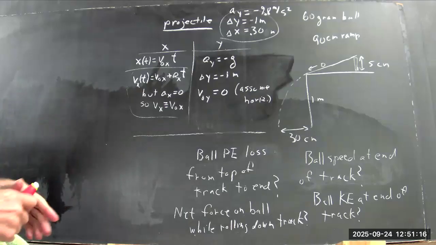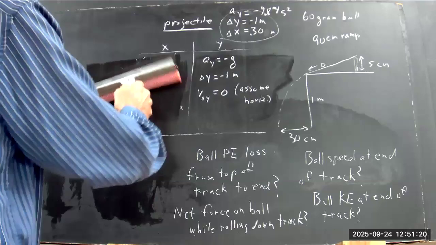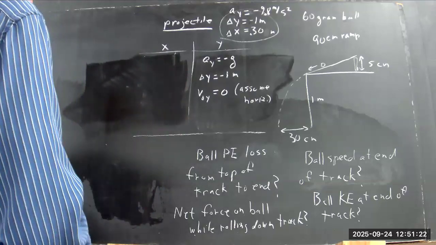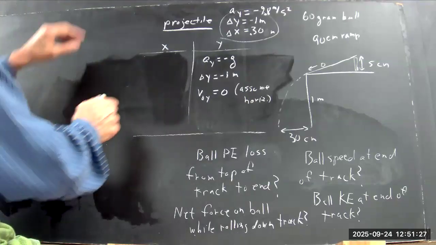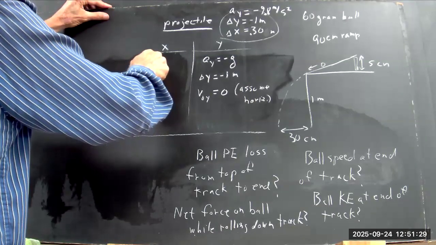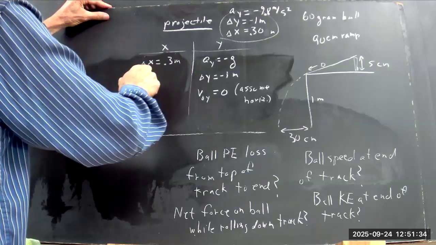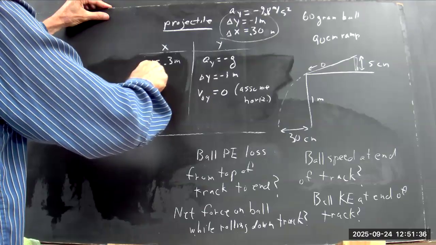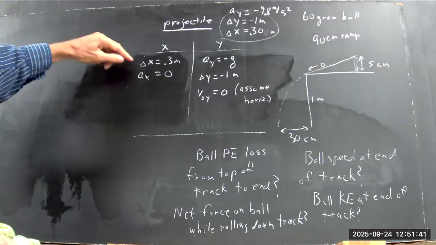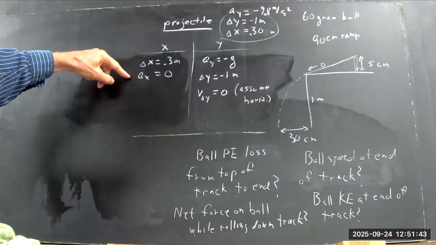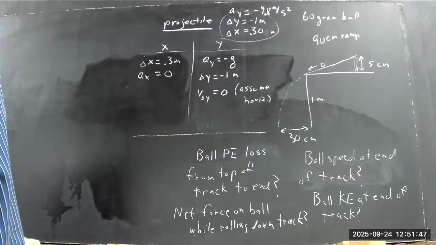I was going to start by listing equations, but I'm just going to start by listing what we know. Okay, so delta x is 0.3 meters. A sub x is 0. So we know 2 things about the x motion. We know 3 things about the y motion.